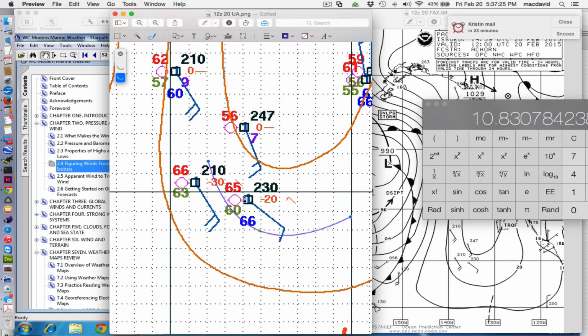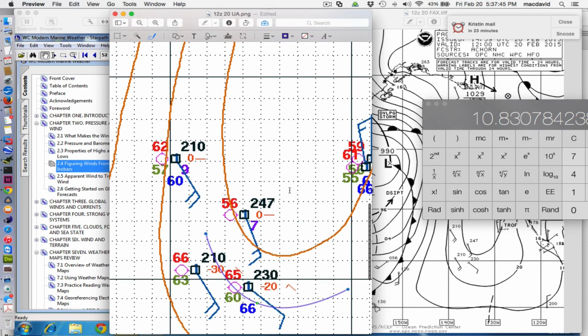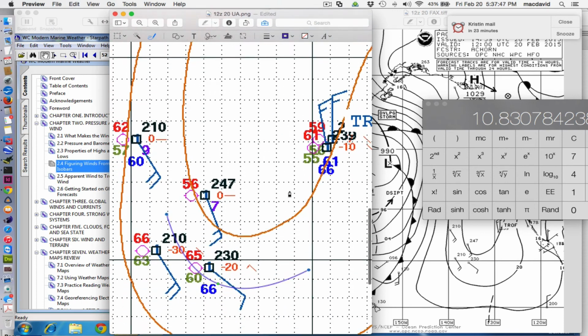So I've drawn kind of like a parallel isobar here. It's not that parallel anymore, but it's something like that. And you see, what I want is that going about 22, 25 degrees into, actually, though, it's going into the high.